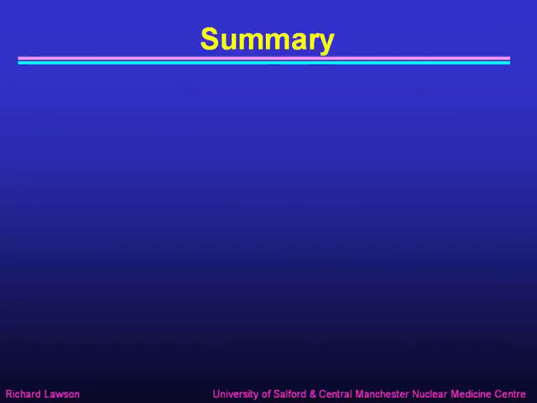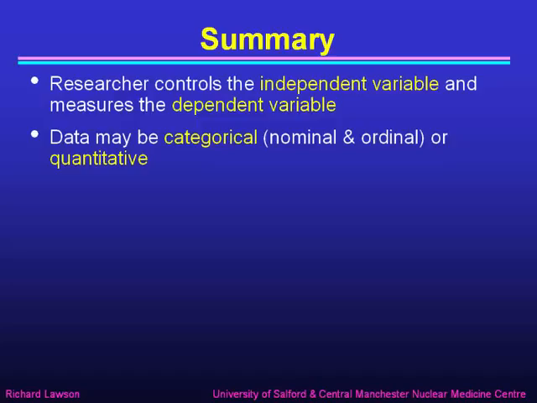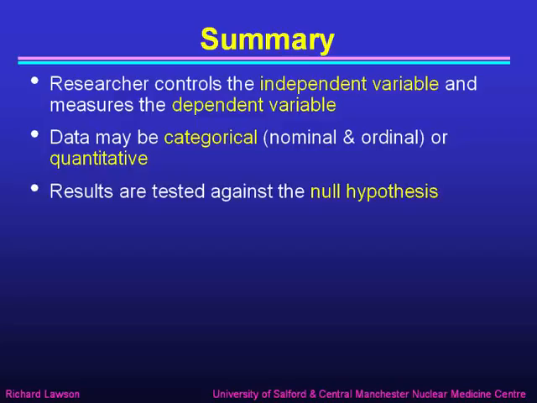So what we've learned in this lecture is that researchers control the independent variable and then take measurements of the dependent variable. Data can be categorical, which is nominal, which is names only, or ordinal, which are names that can be arranged in order, or it can be quantitative, which is numbers.